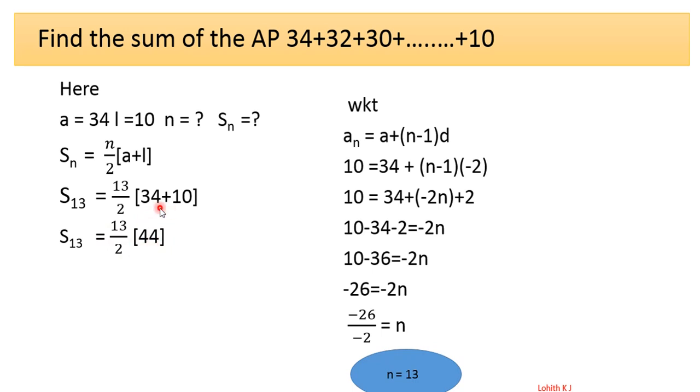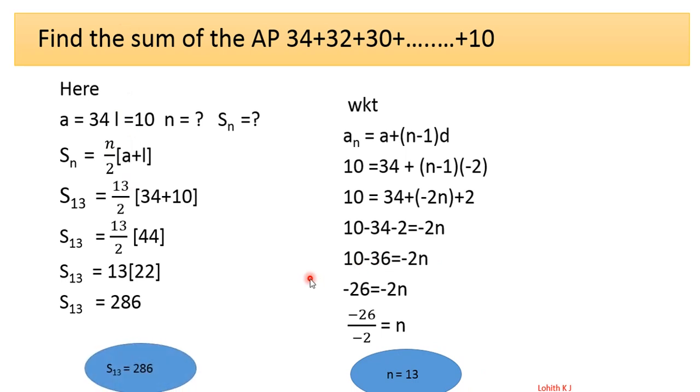These two cancel: 2 ones are 2, 2 22s are 44. So S13 = 13 × 22 = 286. We got the answer for this problem. The sum of this arithmetic progression is 286.